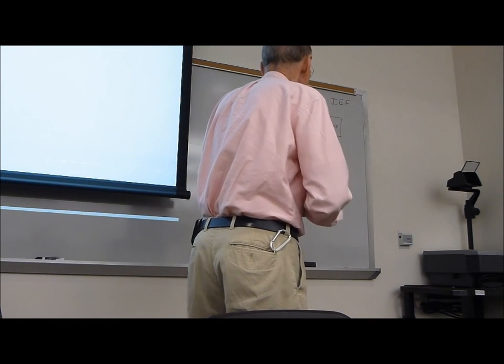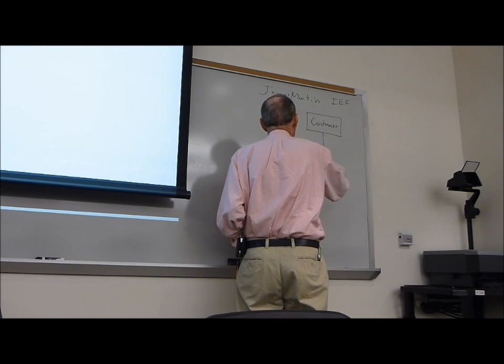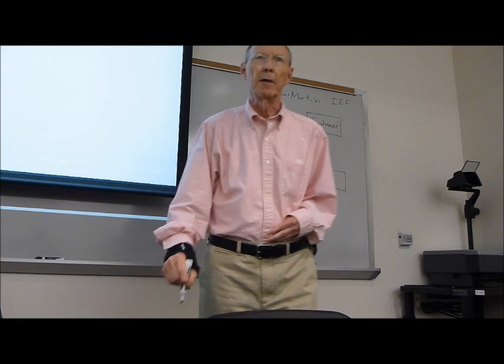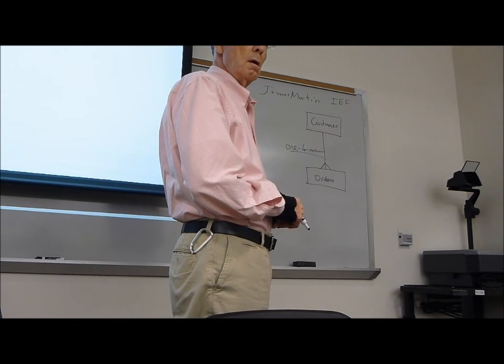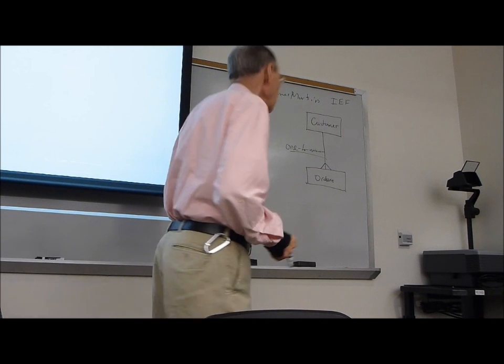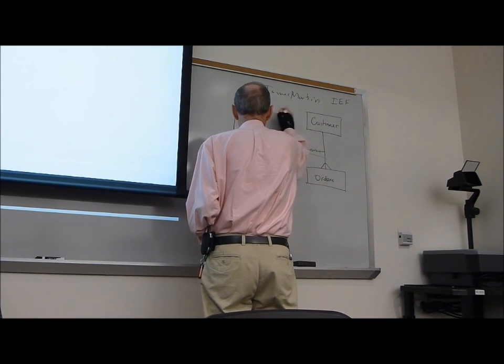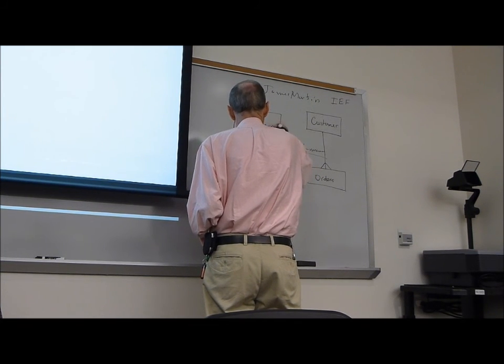So this is an example of one-to-many. An example of many-to-many: I could have orders and products.